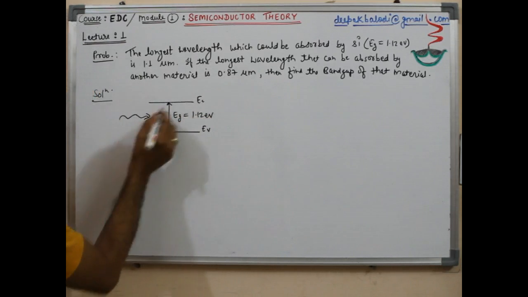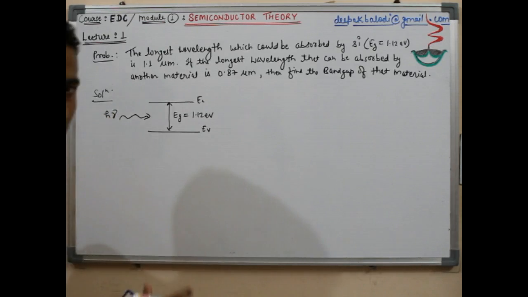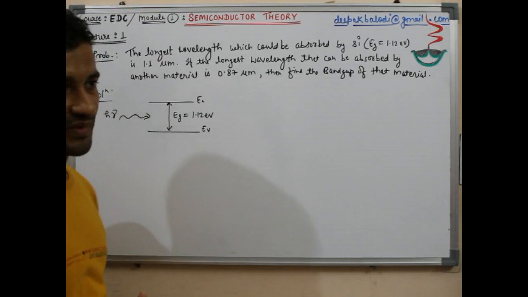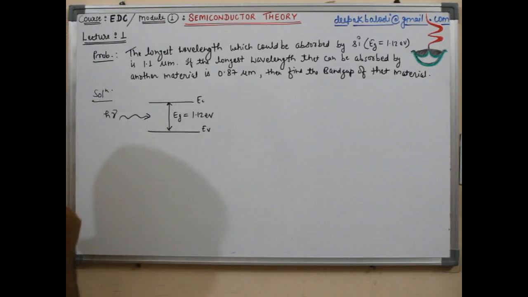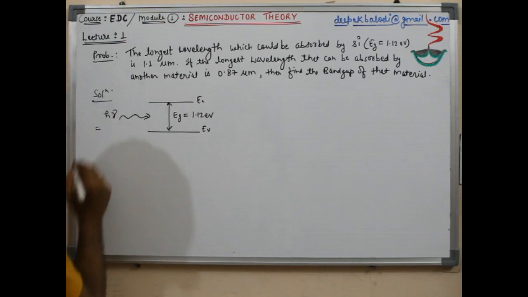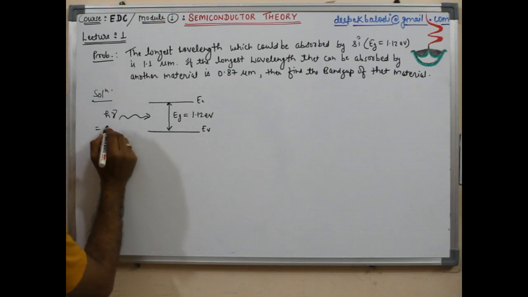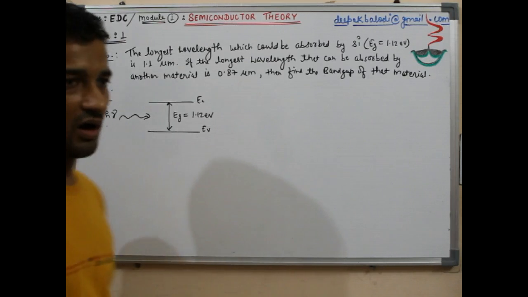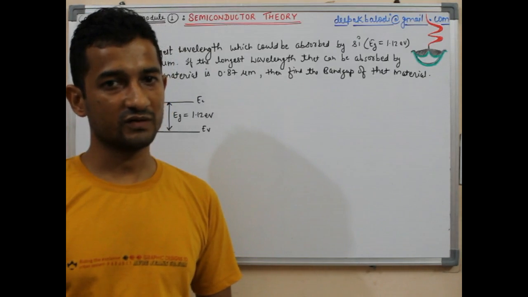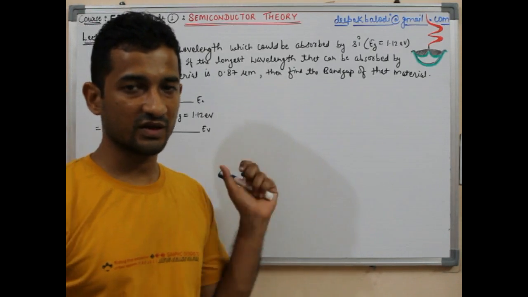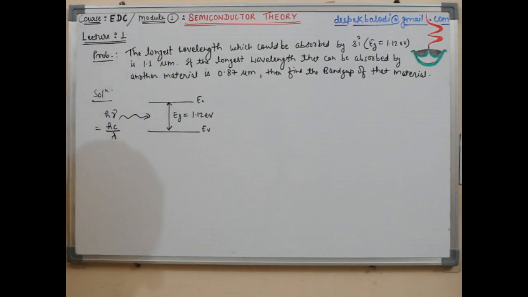And this energy we are saying is h nu, not photon, but anytime we can represent the incoming energy as h nu, where h is Planck's constant and nu is the frequency. So we can write it as hc by lambda, because frequency is velocity by wavelength, and the velocity for such a case is always the velocity of light. So it is hc by lambda.